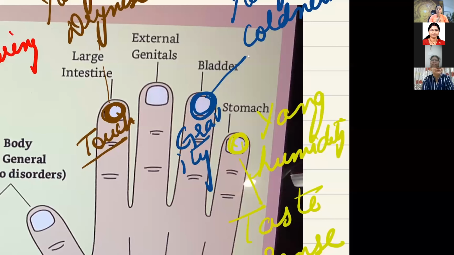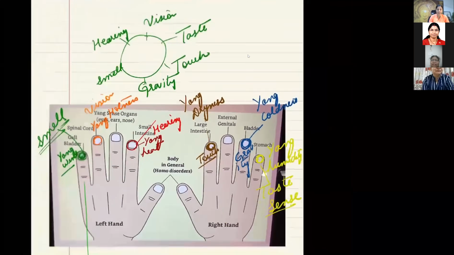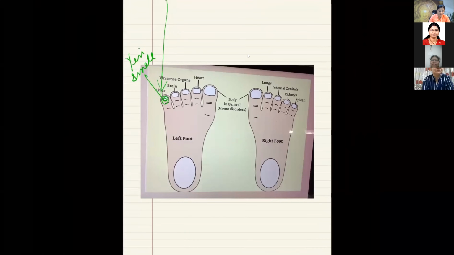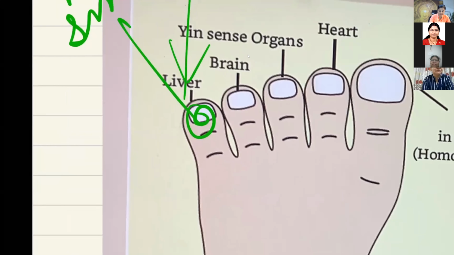So this is about color therapy of stomach and liver. If a person has a weak liver, then this nail needs green color for tonification. But if a person has a hyperactive liver, then we need sedation.